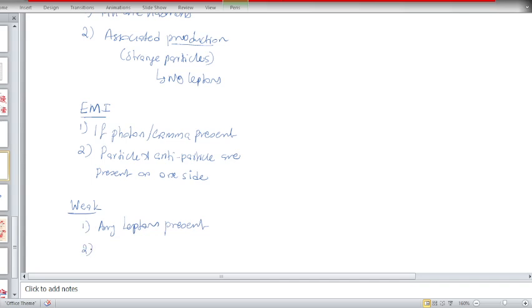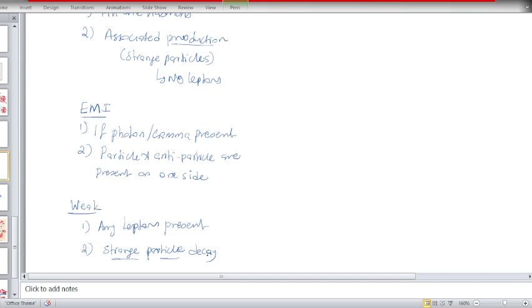Then the second one is the case of strange particle decay. If any strange particle is decaying, not interaction we are talking about here, we are talking about the decaying of a particle, then that will be weak interaction, because the strange particle will always decay through weak interaction.